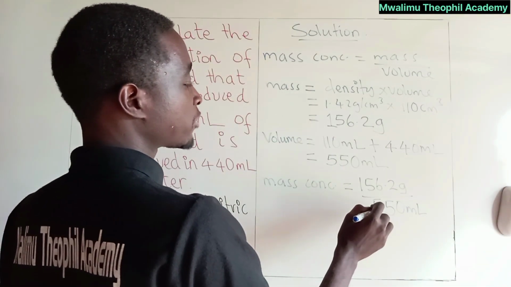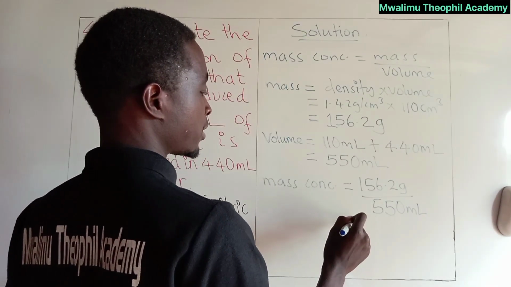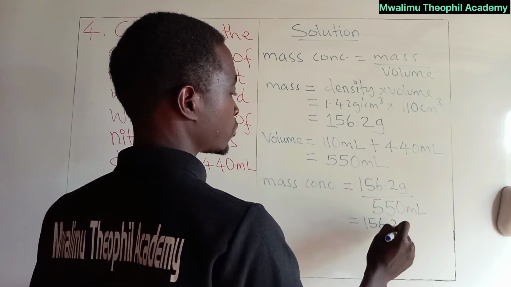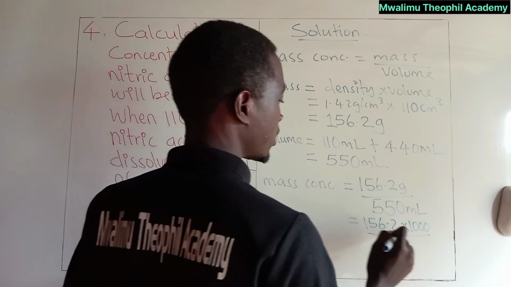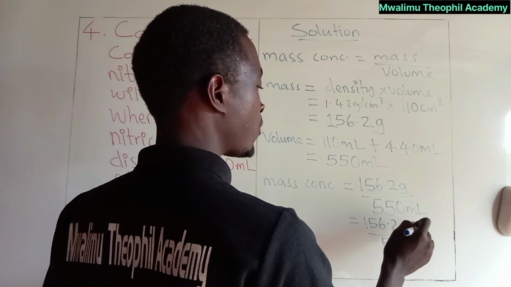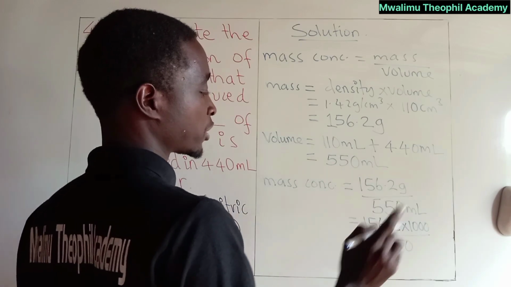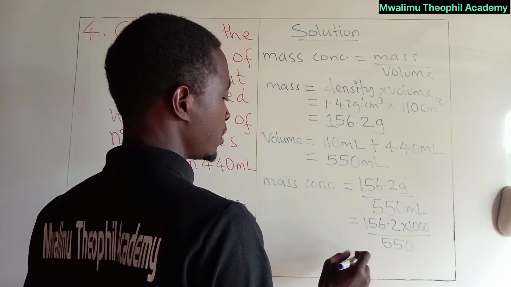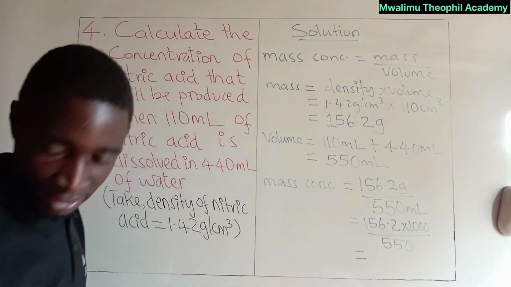When you convert 550 milliliters into liters, it is the same as writing 156.2 times 1000 over 550. I have multiplied by 1000 so as to convert 550 milliliters into liters. Now the answer obtained here will be in grams per liter. So let's compute to get the answer.